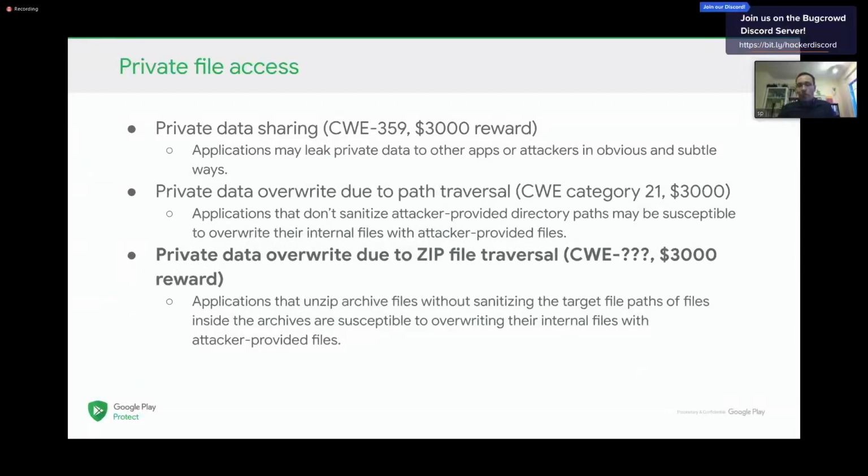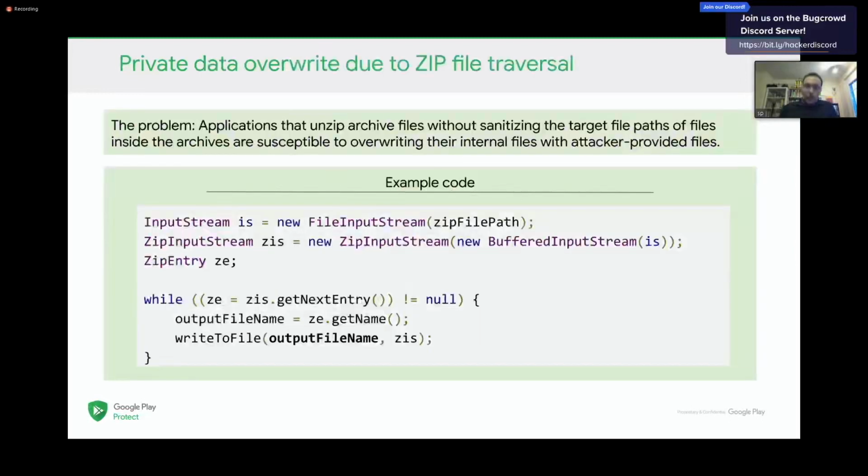So it's very widespread and problematic, probably not just on Android, but across operating systems. Private data override due to zip file traversal is very cool. It essentially starts with an application that accepts or tries to read any kind of zip file that the attacker controls in some way.